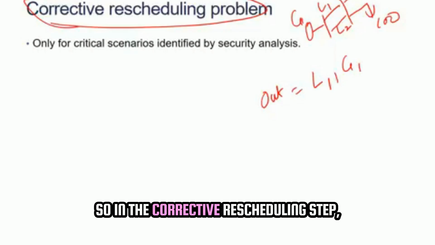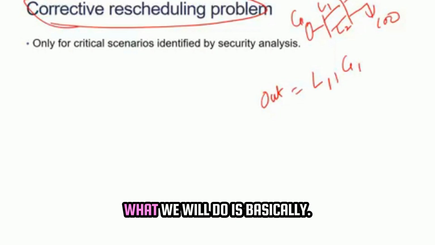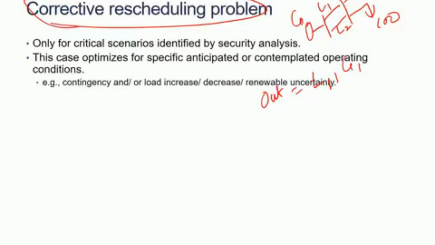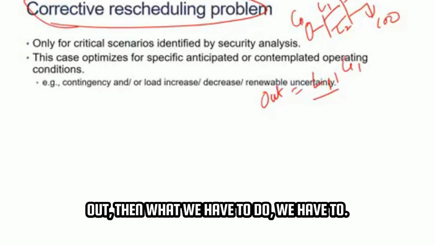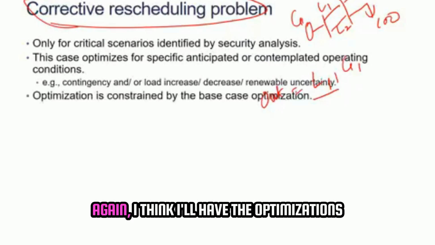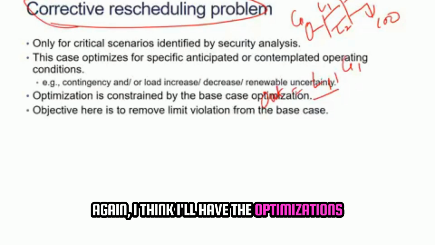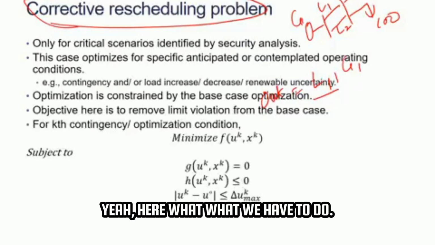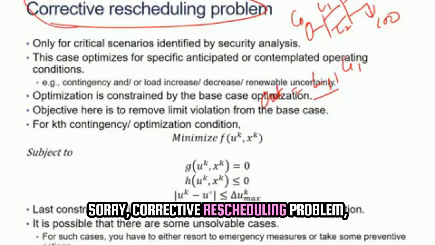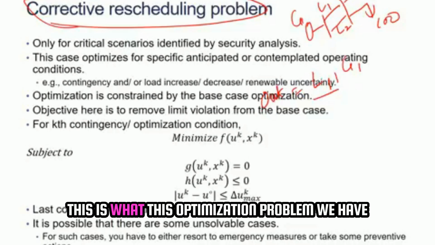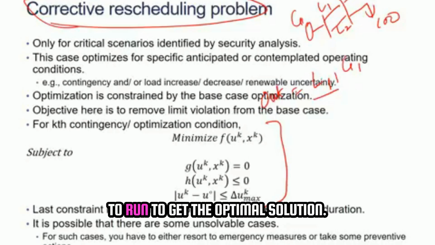In the corrective rescheduling step, we see that if, let's say, L1 goes out, then what we have to do is run this optimization problem to get the optimal solution, considering the base case.